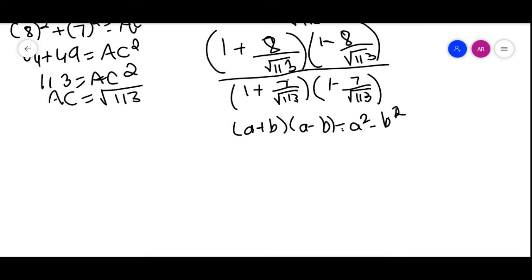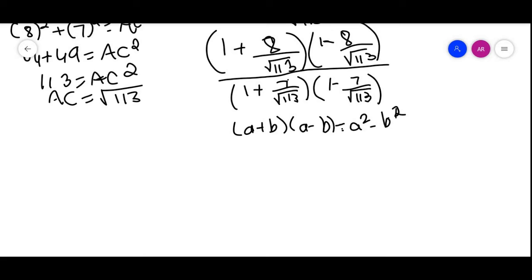So a would be 1 and the b would be 8 root 113 in the numerator. So let us use that formula and let's try to solve it.